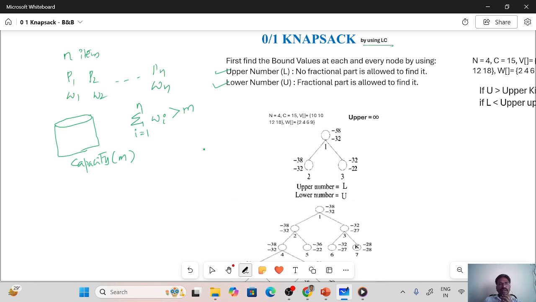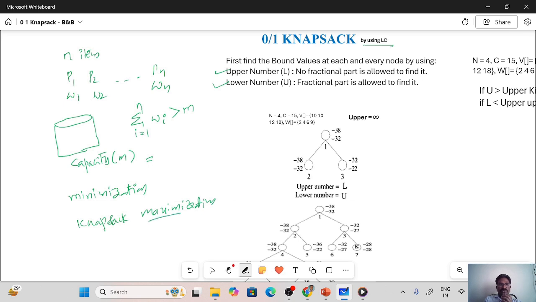Sir, why do we call the upper number the lower bound and the lower number the upper bound? Already I discussed in the branch and bound introduction part, it solves only minimization problems. But what about the knapsack? Knapsack is optimization, particularly maximization, not minimization.